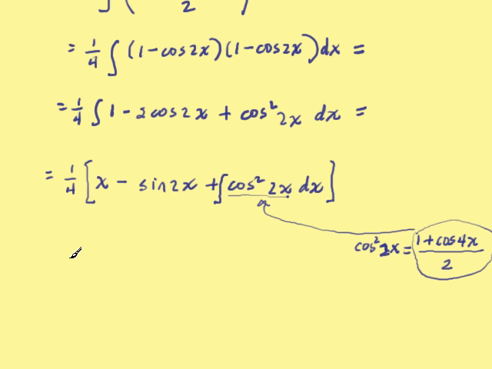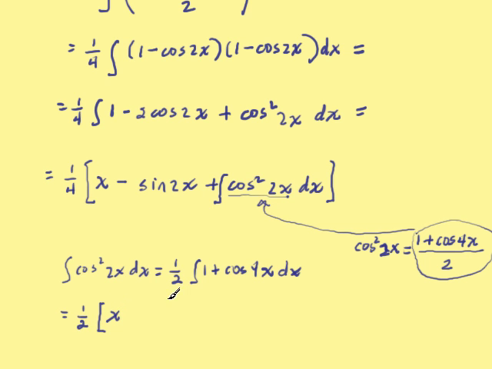So on the side we do the integral of cos squared 2x. It's 1/2 the integral of 1 plus cos 4x. So we have 1/2 times the integral of 1, which is x. This is part of the derivative of sine 4x.